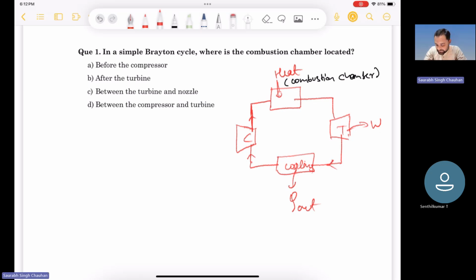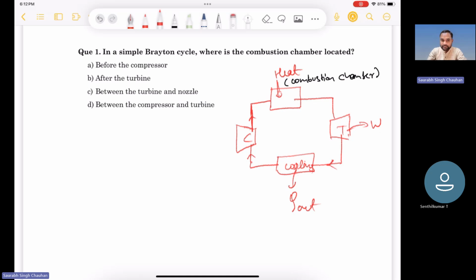But in most cases, it is an open cycle, because you are adding some fuel and that fuel is getting burned. So there are some combustion products, which are inert gases. So you cannot recirculate the whole mixture, and you need fresh air.